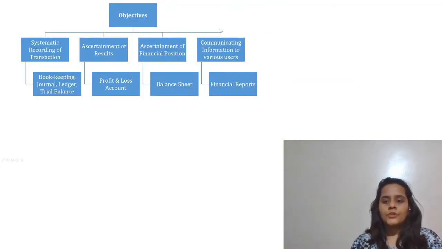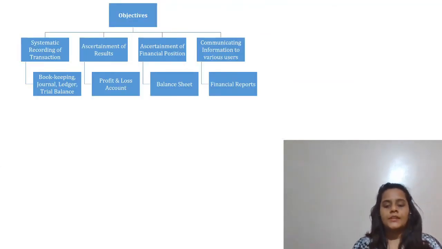The last objective that we are going to discuss is communicating information to the various users with the help of financial reports. At the end of the accounting year, by way of law, every company, firm, or every such business enterprise has to publish an audit report. The balance sheet and the PL account form part of this report.